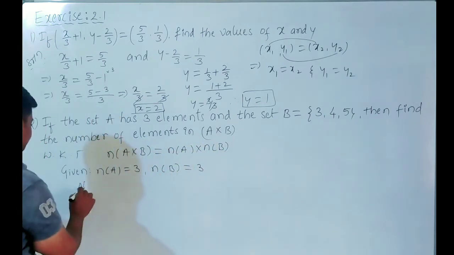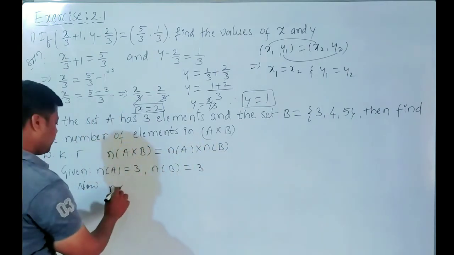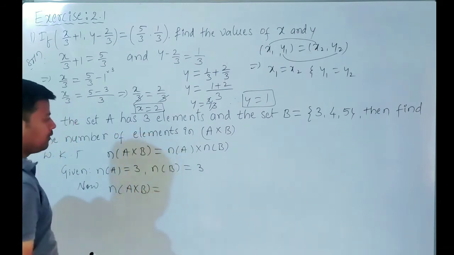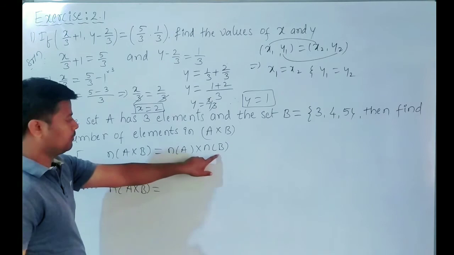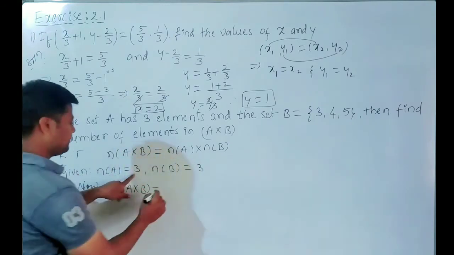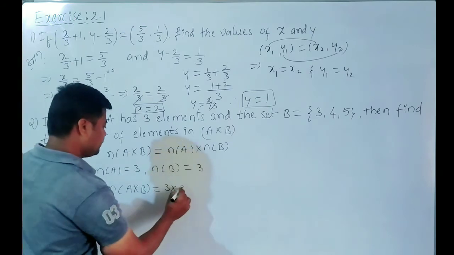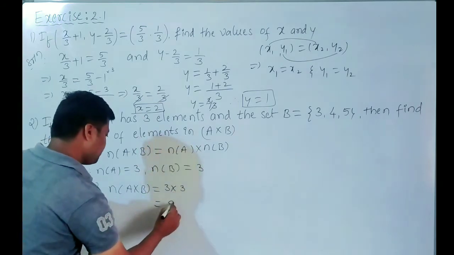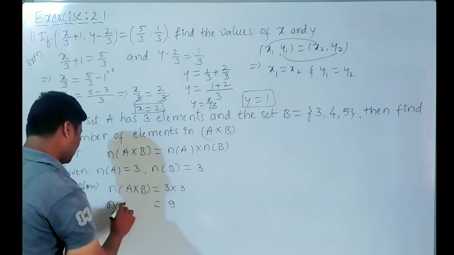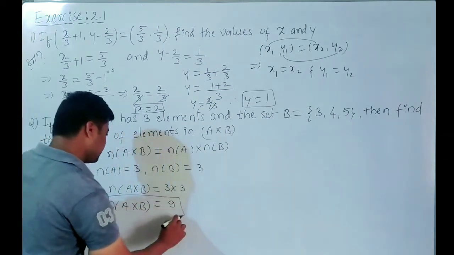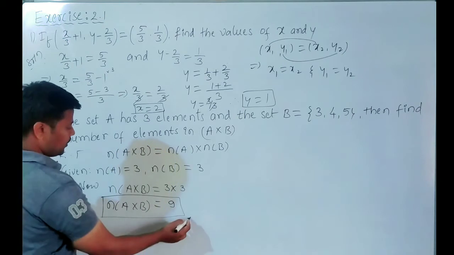Now the number of elements in A cross B, the formula is n of A into n of B. N of A value is 3 into n of B value 3. So this equals 9. Therefore, the number of elements in the Cartesian product of A and B equals 9. Okay. Note down this.